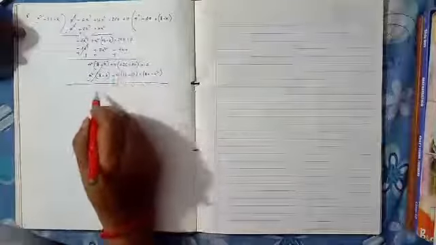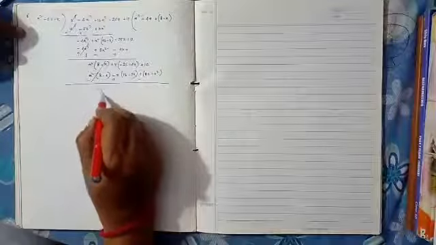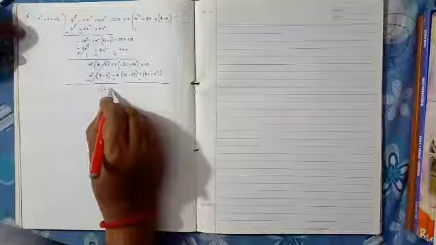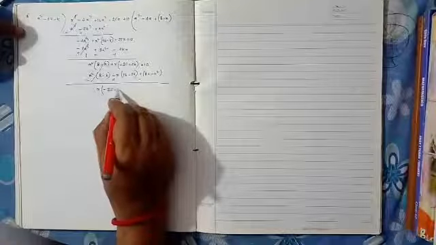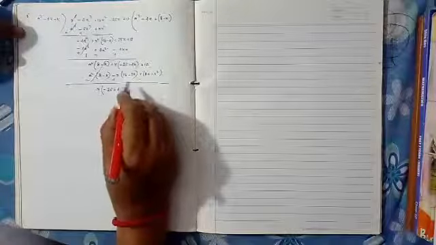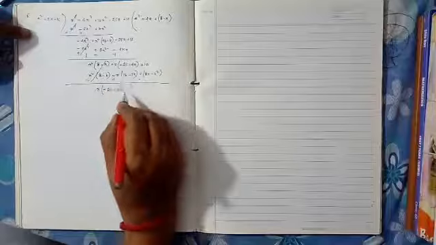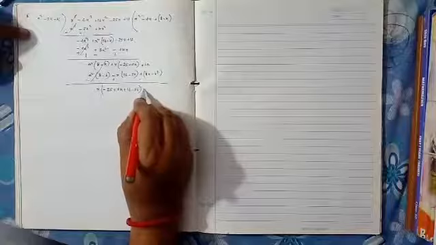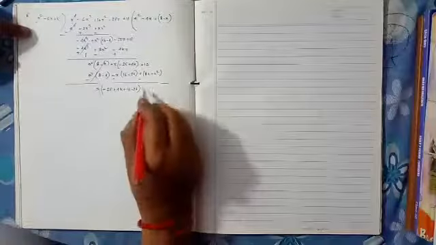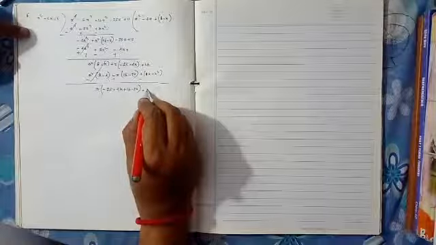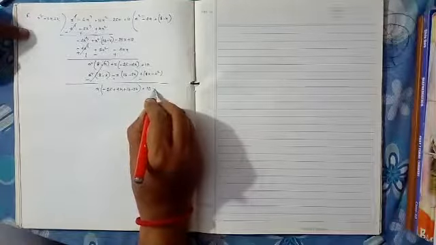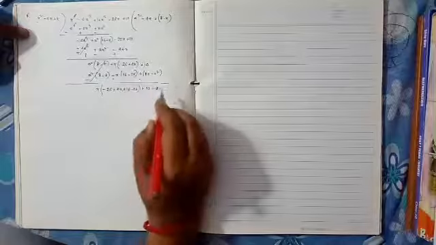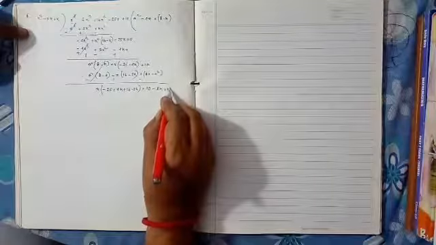So what we have here, x common, then this term first, minus 25 plus 4k, then 16 minus 2k, plus the constant term, so 10 minus 8k plus k square.